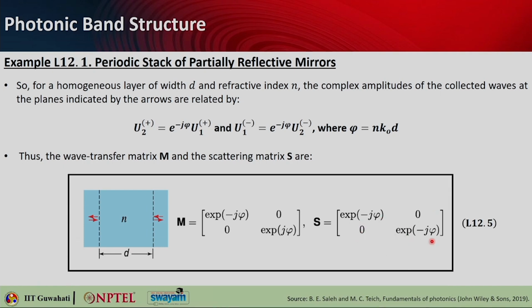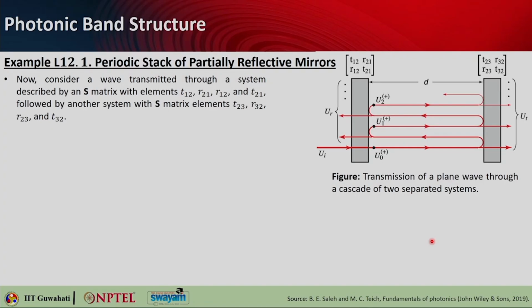That is the only difference between the wave transfer matrix and the scattering matrix. Now, let us consider a wave transmitted through a system which is described by an S matrix, which has these elements T12, T21, R12, R21.